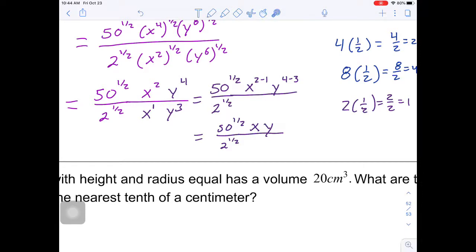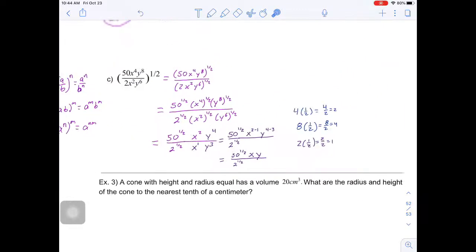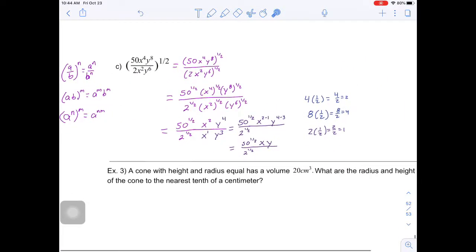Now, what should I do with 50 to the power of 1 over 2 and 2 to the power of 1 over 2? Well, actually, recognize here that I'm going to apply this rule backwards. I have the same exponent applying to two different numbers, so I can make this a single value to the power of n.